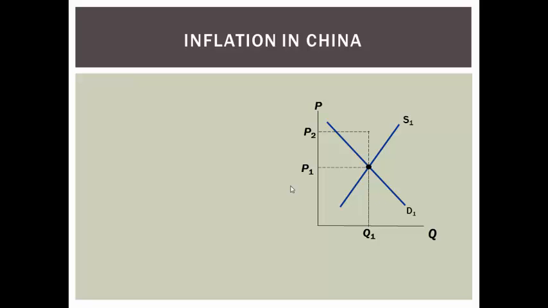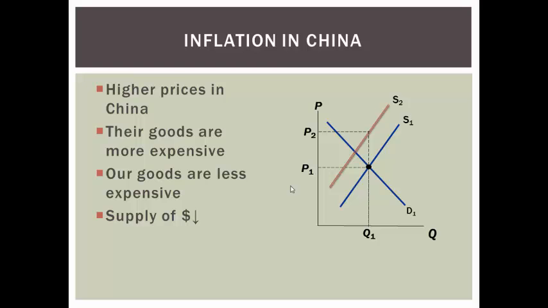Let's say that there is inflation in China. What's going to happen there? Inflation means there are higher prices. There are higher prices in China, meaning their products are becoming more expensive, relatively speaking, compared to the prior situation.